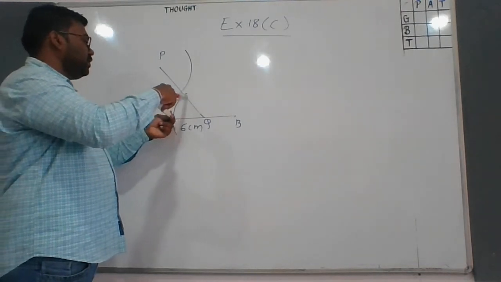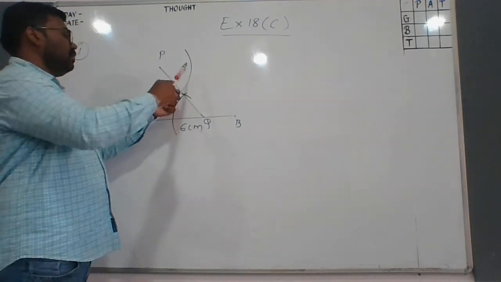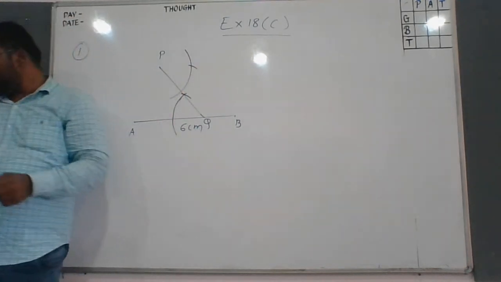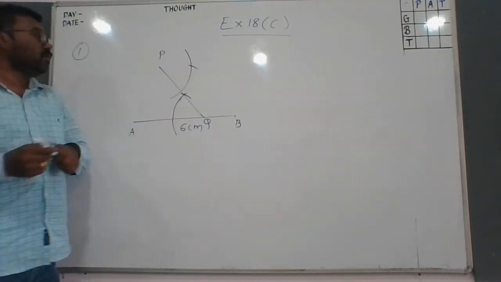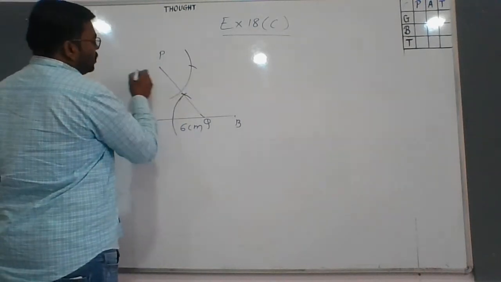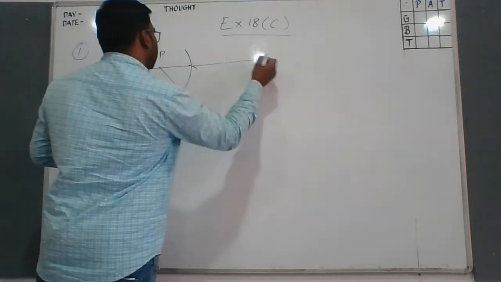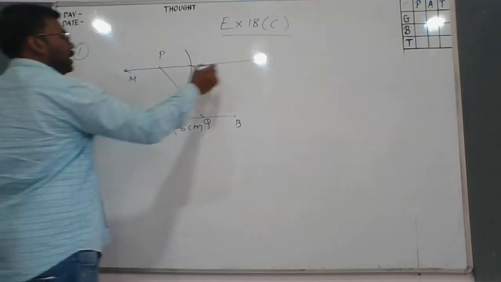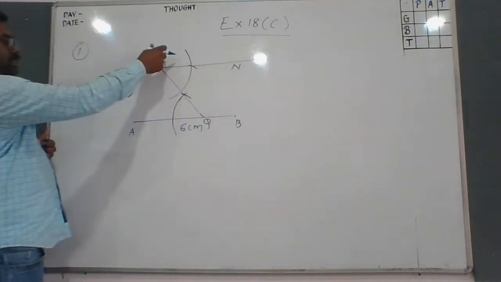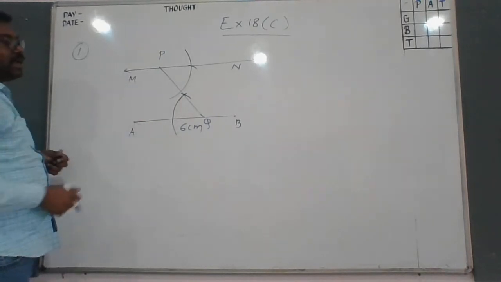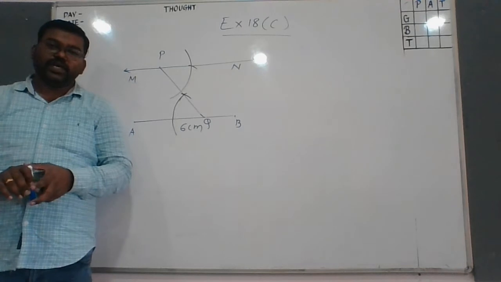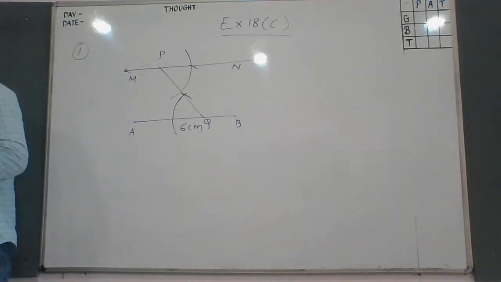With the same, cut the arc here. Now join these two. We are getting the line MN which is passing through the point P and also parallel to the line AB. So here we constructed the first question.